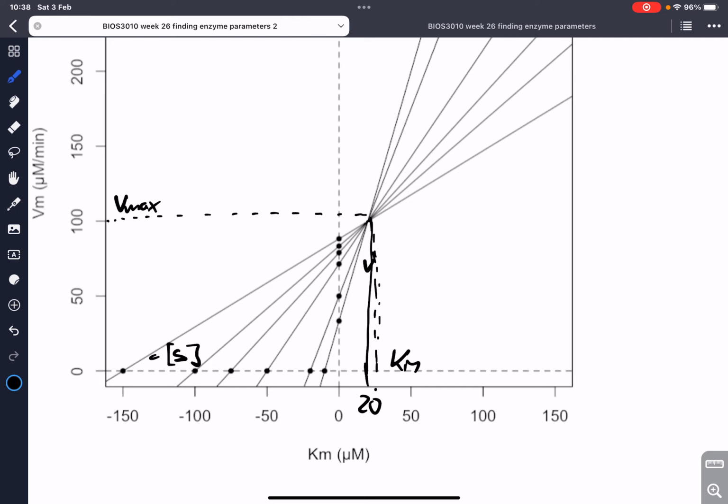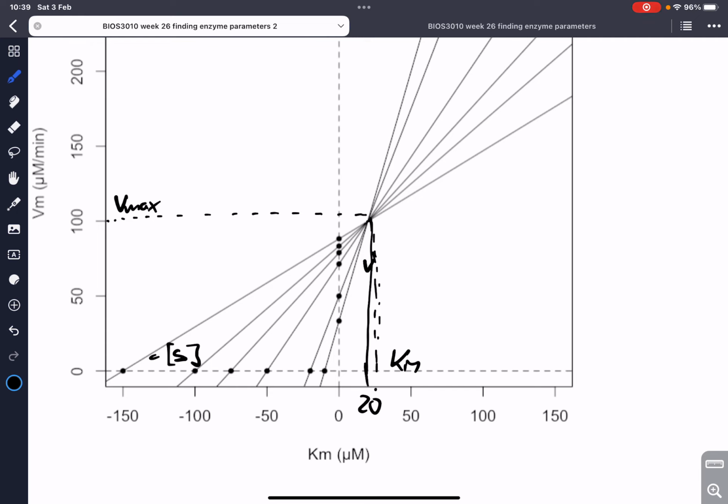So this is basically how we can apply this plot quite nicely, where we use these lines of S and V, and they are the direct linear representations of the substrate and initial velocity, initial rate pairs. And we can nicely plot that.